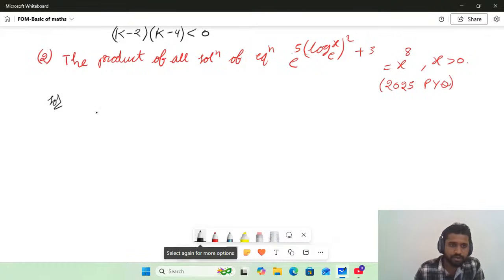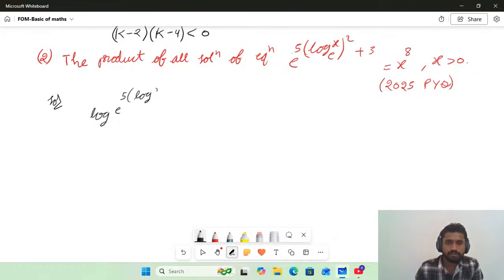So I'm applying log on both sides. Log of e power 5 times of log x base e whole square plus 3, to the base e, equals log x power 8 base e.